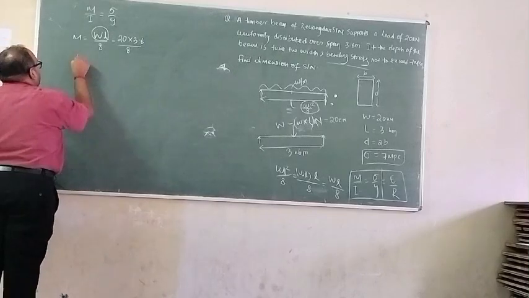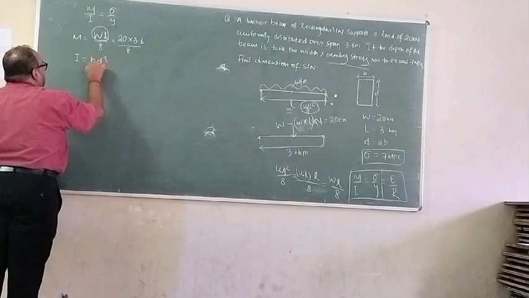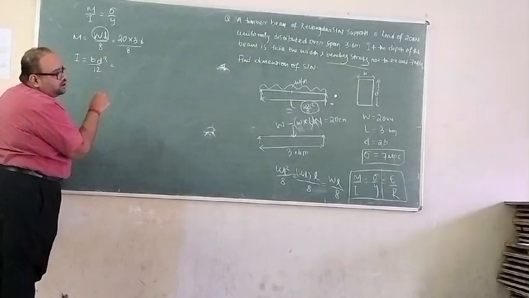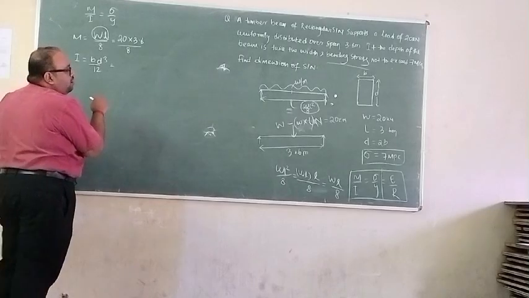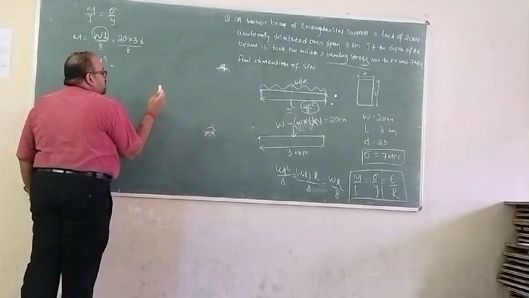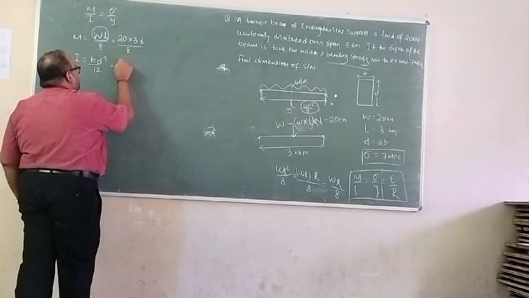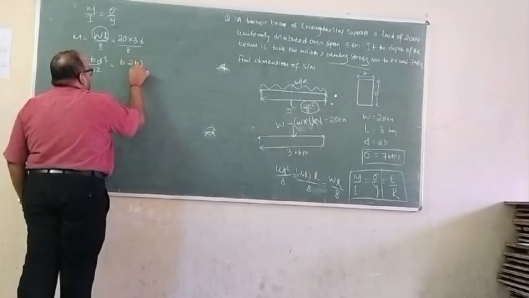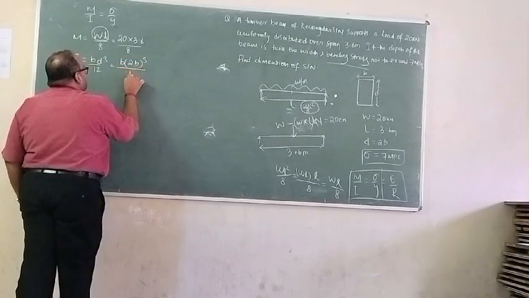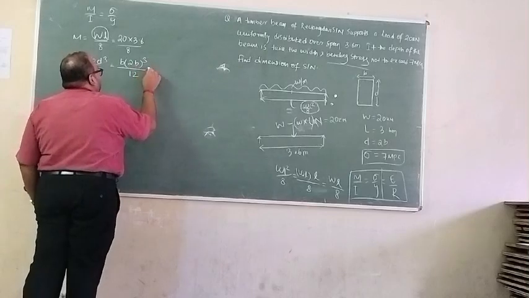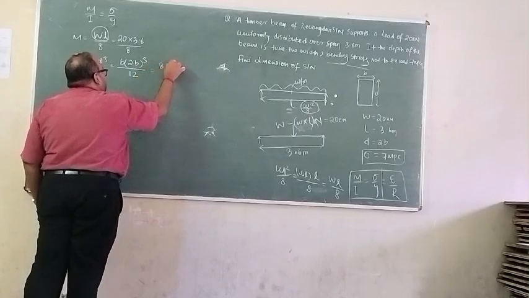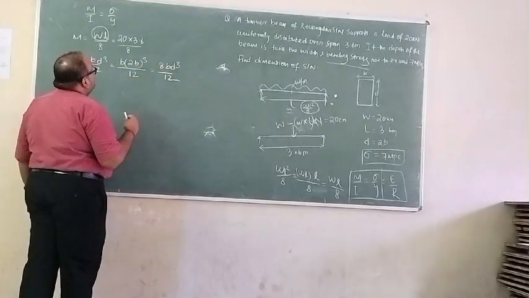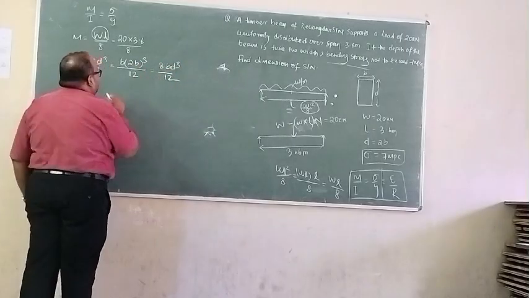And I can find as BD cubed divided by 12. So Y is D divided by 2. Either we can find in the form of B or in the form of D. If we put here D as 2B, then this equation is like this: B multiplied by 8B cubed divided by 12, and stress is given 7 MPa.